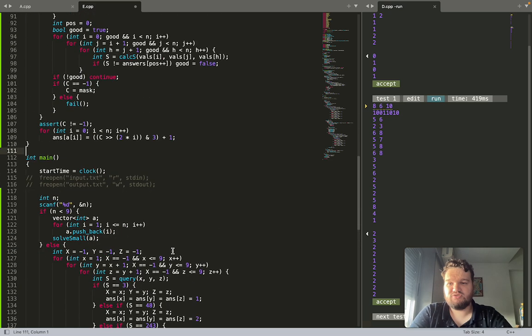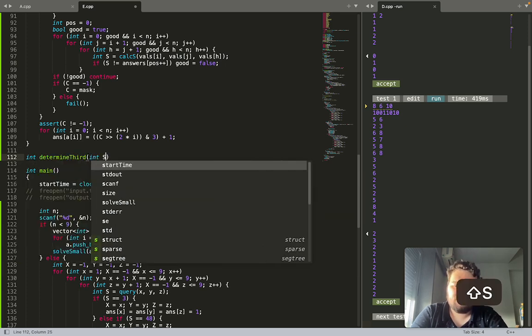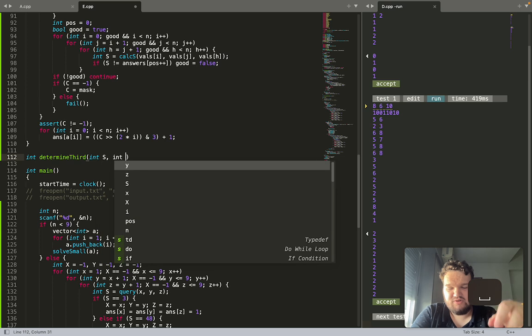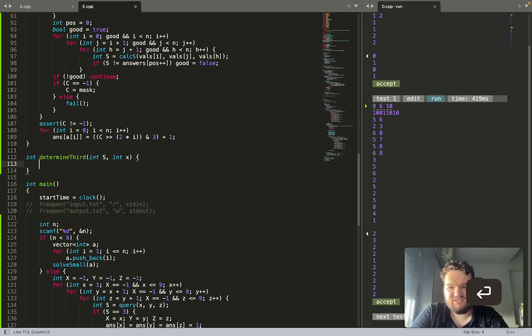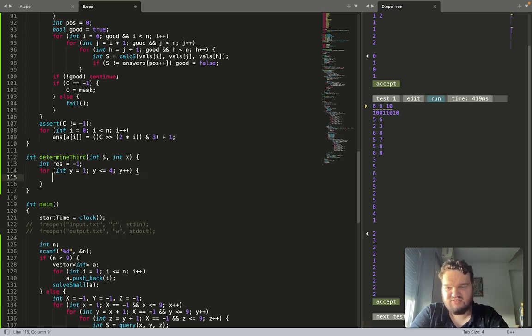And determine sort. Now the area, we know the length of two sides and they're the same. So we will iterate over the 4 possible lengths of the other side, calculate the area.